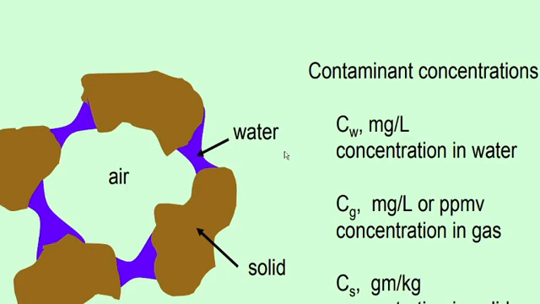One more thing: we need to understand the concentration of water, and then the mass of contaminant which is attached to this particle. It is supposed to be measured in grams per kilogram, because this is the mass of the contaminant and this is the mass of the solid. So this will give us the contaminant concentration attached to these solid particles.